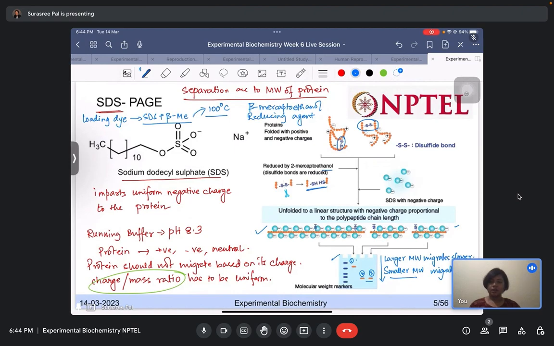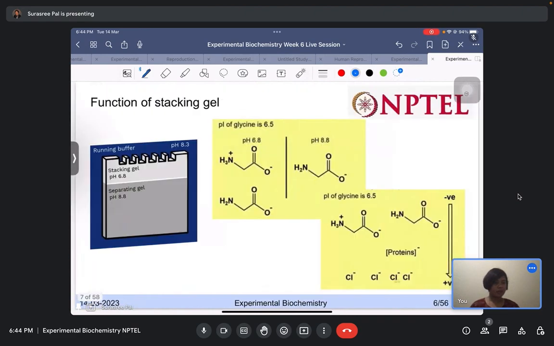Now this is the SDS-PAGE, and I already mentioned that there are 2 gel components. One is a stacking gel and another is a separating gel, or resolving gel, and you can see that they have different pH values. The stacking gel is made with a buffer of pH 6.8, and the separating gel has a pH value of 8.8.